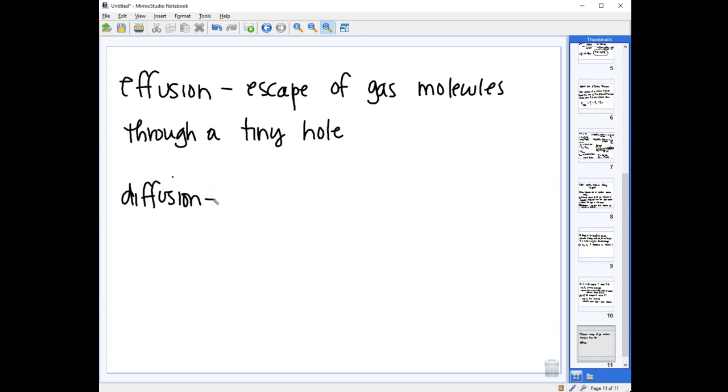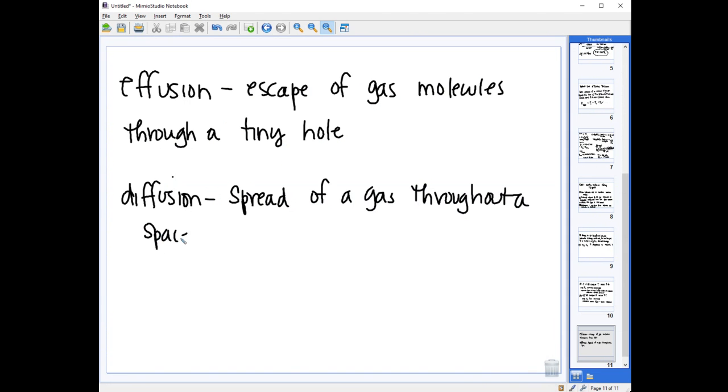And diffusion is the spread, and this can be the spread of any substance, but I'm going to use it in terms of gases because that's what we're going to talk about. It is the spread of a gas throughout a space or another substance.